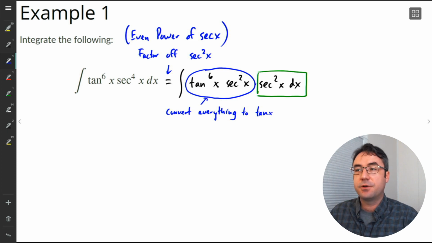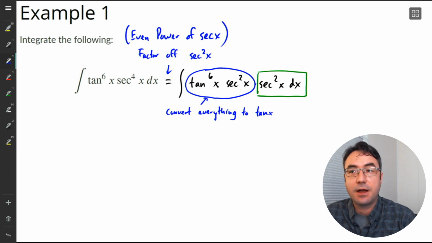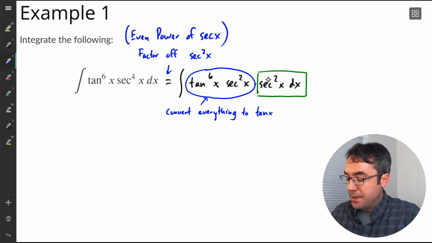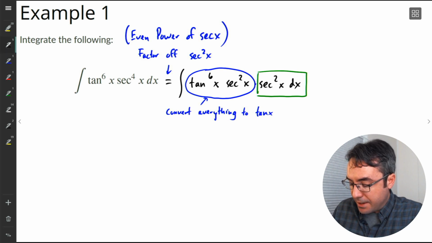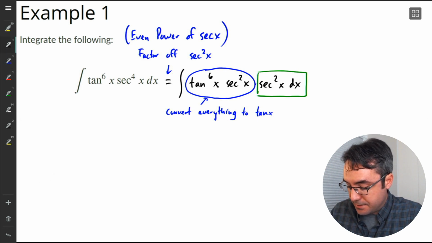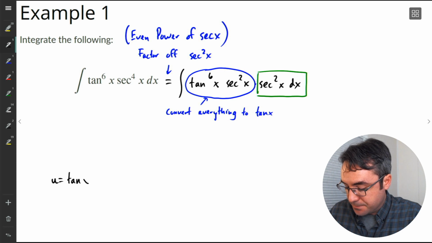We want to convert everything that's inside there. All the remaining terms, we want to convert those to tangent x. And the reason is because this is going to be our differential. Later on in our work, we're going to let u equal tangent x, and du is going to become secant squared x dx.